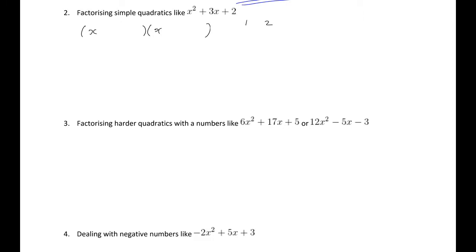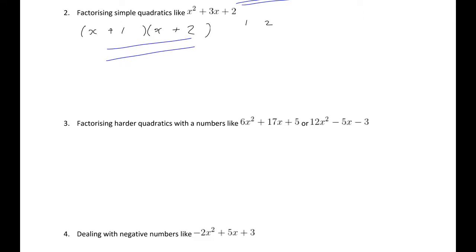Now actually, in the next step we're going to learn a more advanced trick. You're going to see that then 1 times 2 is 2, 1 plus 2 is 3. So when we have x times that, and that times x, we're going to have 1x and 2x. So it goes x plus 1, x plus 2.